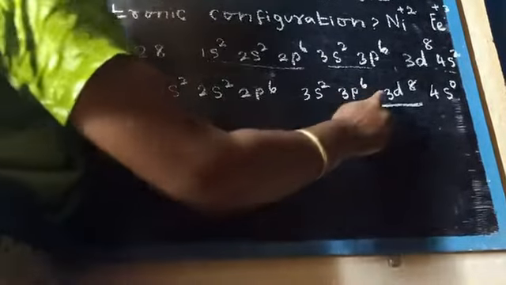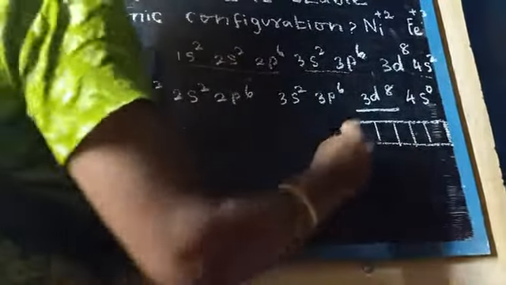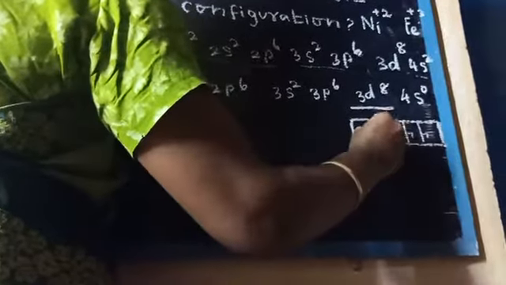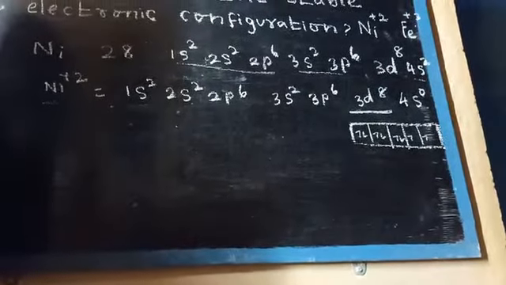Here in the d orbital, how many orientations? 5 orientations: 1, 2, 3, 4, 5. How many electrons? 8 electrons: 1, 2, 3, 4, 5, 6, 7, 8.